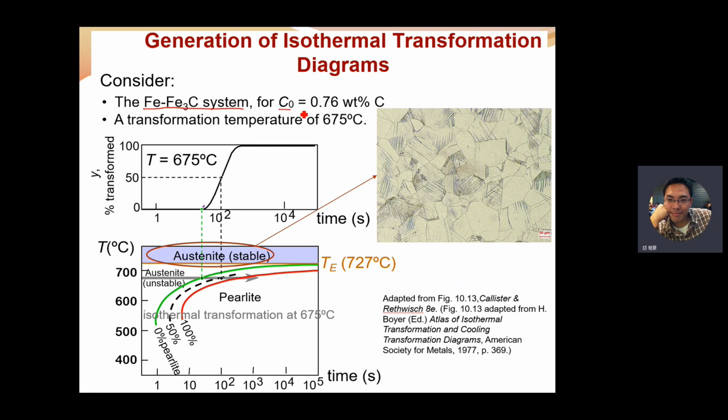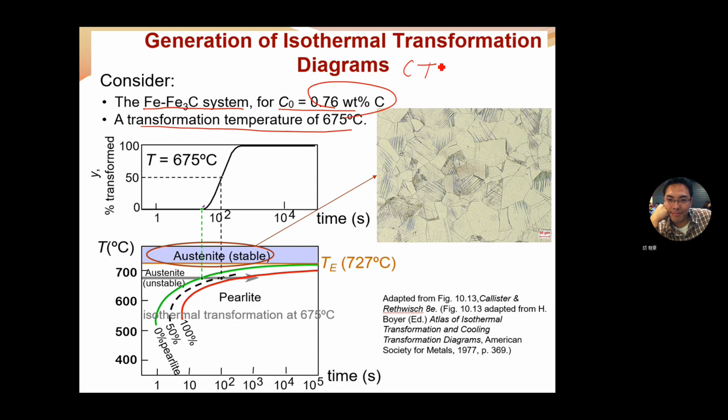We already know the initial concentration is about 0.76% for the eutectoid reaction, and the transformation temperature is 675. Then we can plot the figure of the transformation fraction versus time, and we get this figure, and we can convert this figure to a TTT diagram.